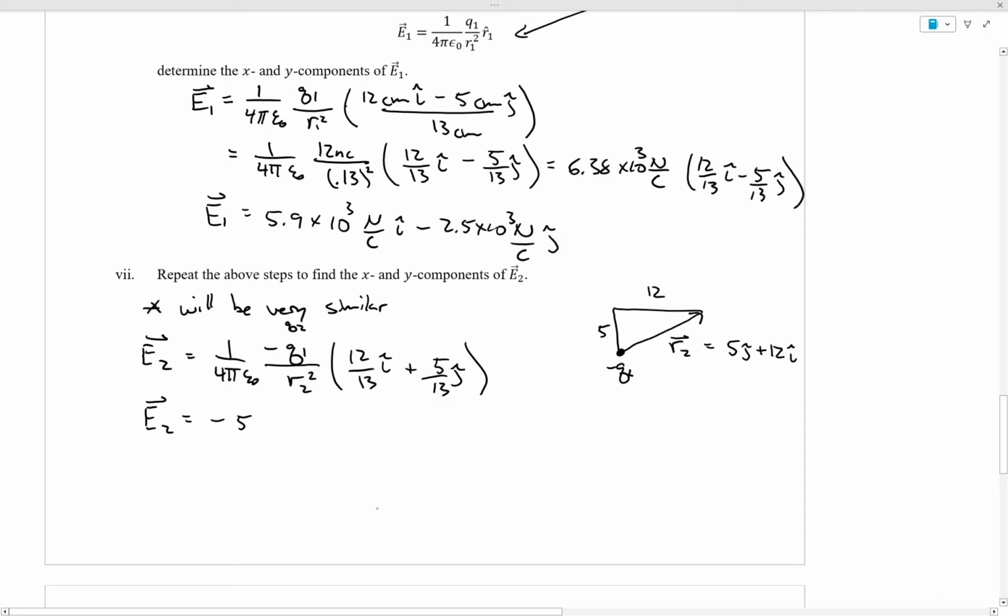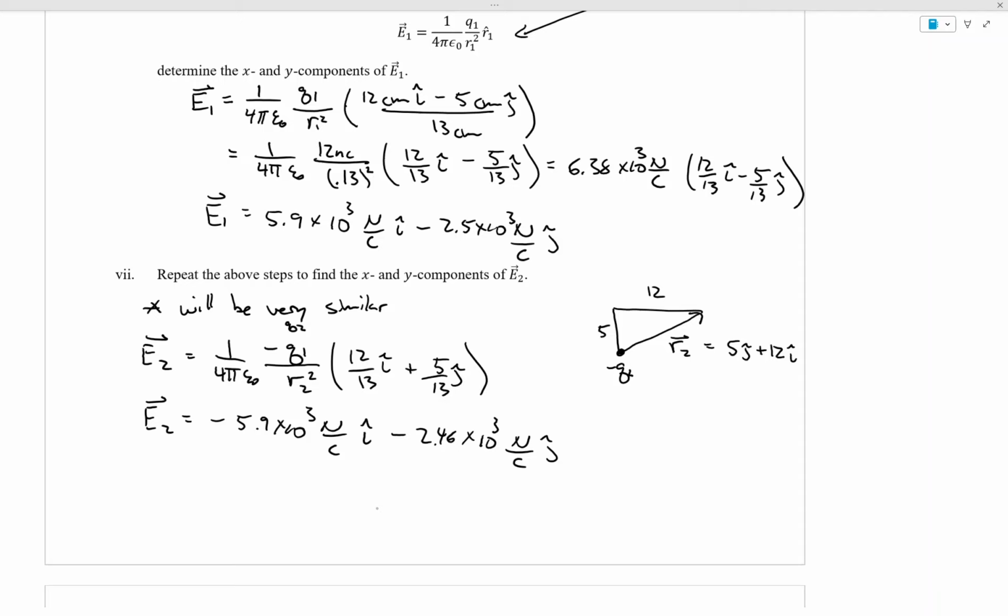is negative 5.9 times 10 to the third newtons per coulomb in i hat minus 6 times 10 to the third newtons per coulomb in j hat. So notice the x components, the i hat components, for E1 it was positive, for E2 it is negative.